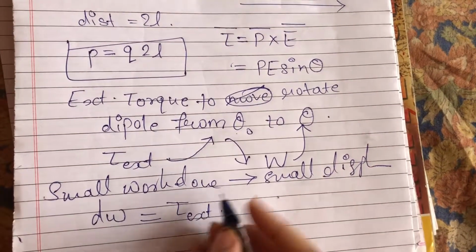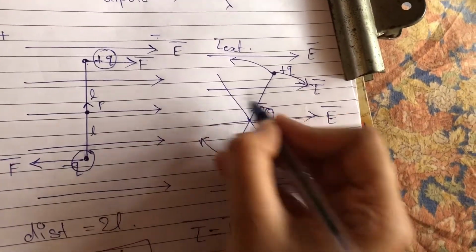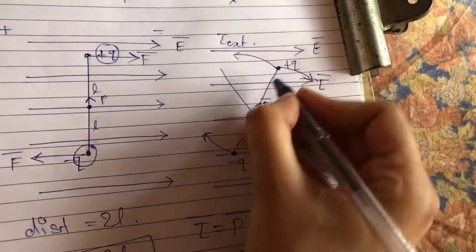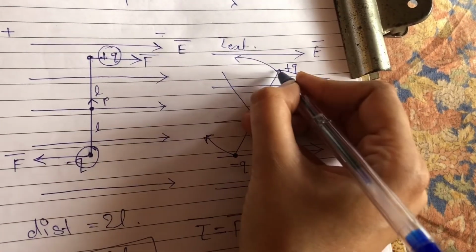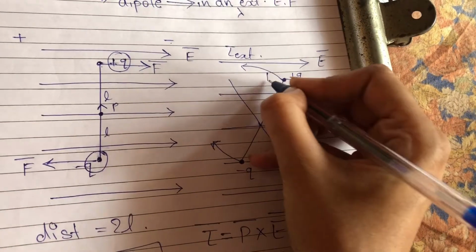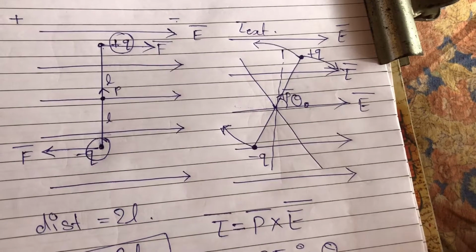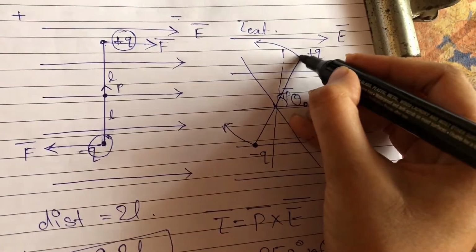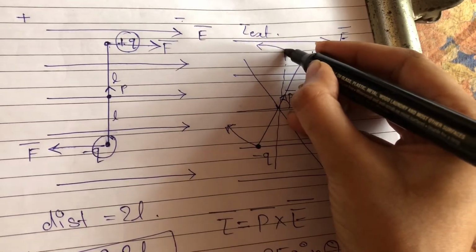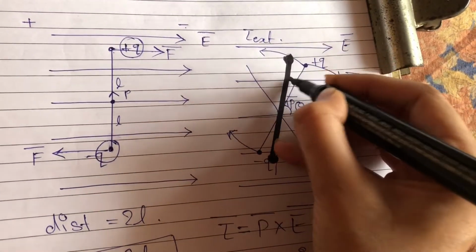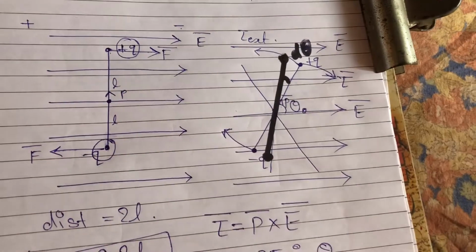First we'll consider that instead of going all the way, we come from here to this position, and this displacement is d theta.